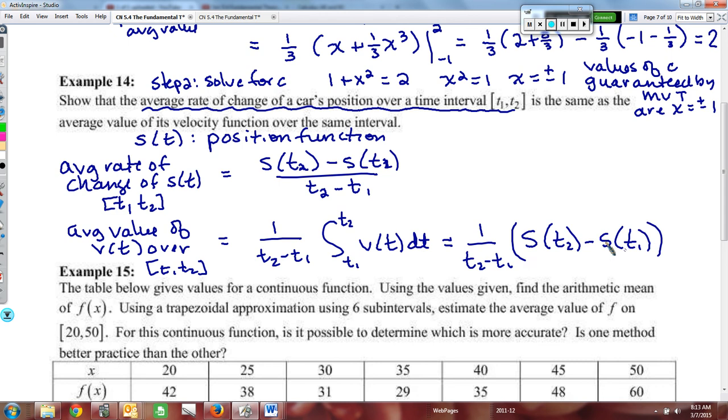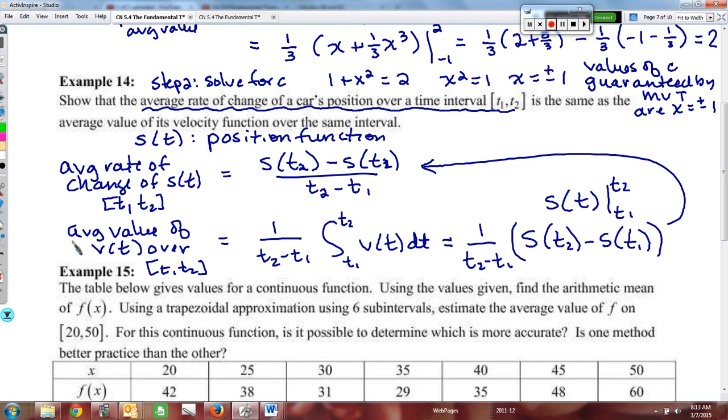Basically what I'm doing here is finding an antiderivative and evaluating it from t1 to t2. That's what you're doing when you do this definite integral. So I calculate my net change, and clearly this is exactly the same as the average rate of change of the position function.